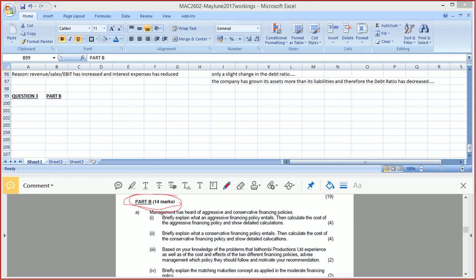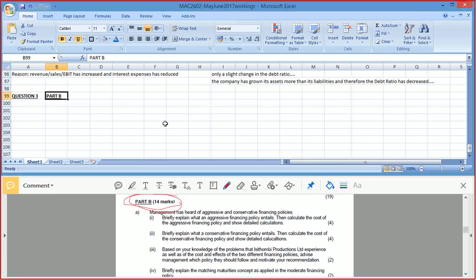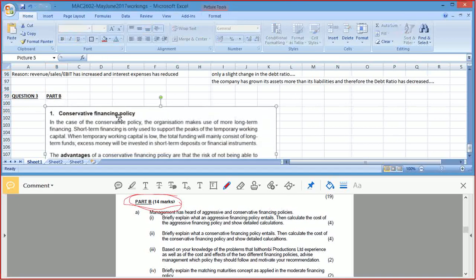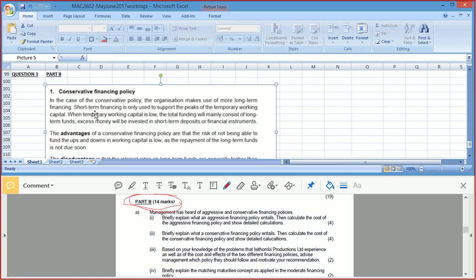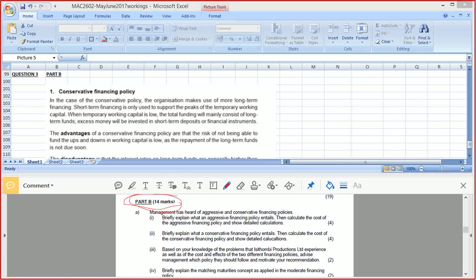Okay, I've got the conservative one here. I'm going to take this through to our working. So there's conservative. This is from page what? 85. No. Okay, that's 85 on the PDF. 76.